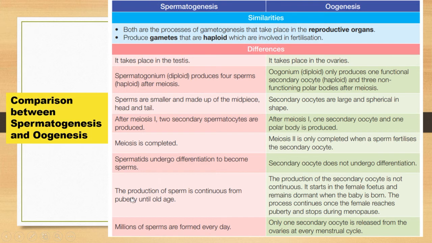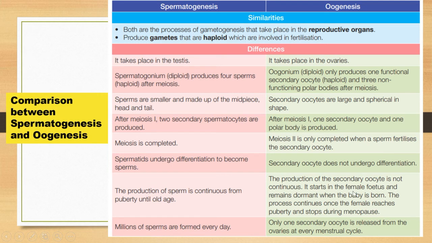Next, spermatogenesis, the production of sperm, is continuous from puberty until old age in males. Whereas in oogenesis, the production of secondary oocytes is not a continuous process.